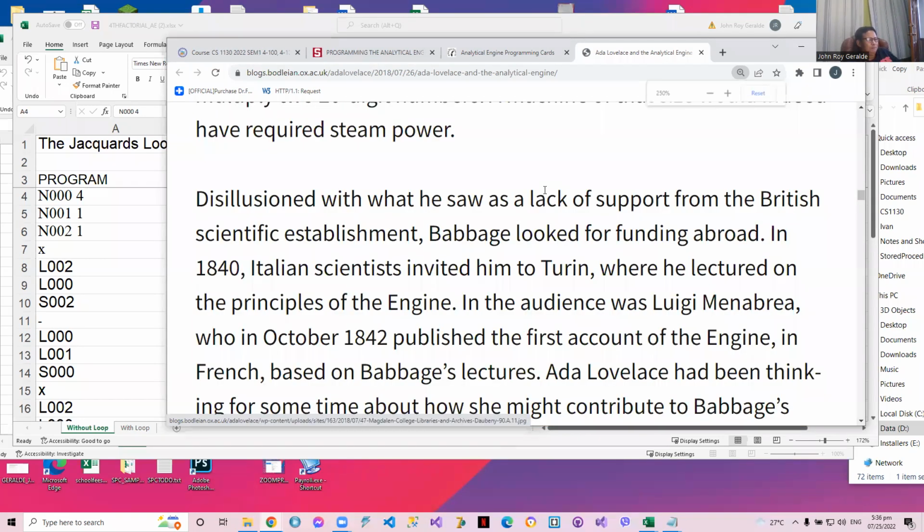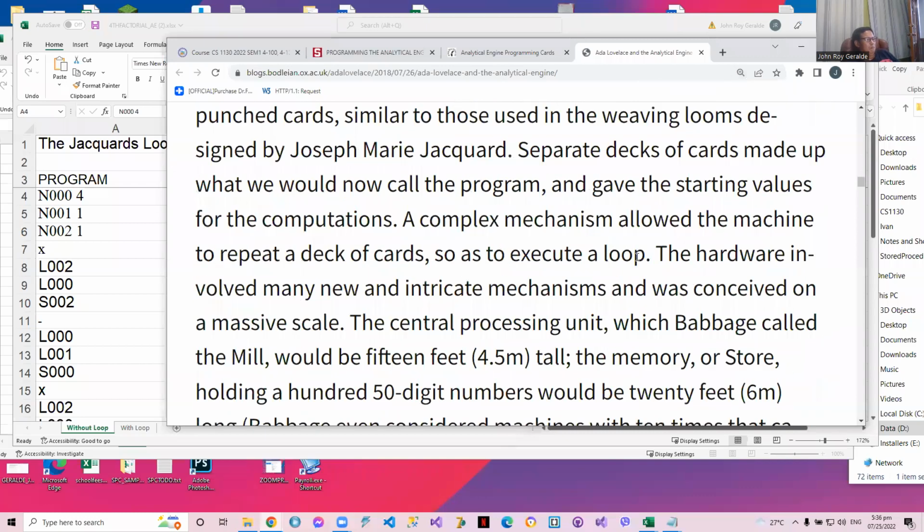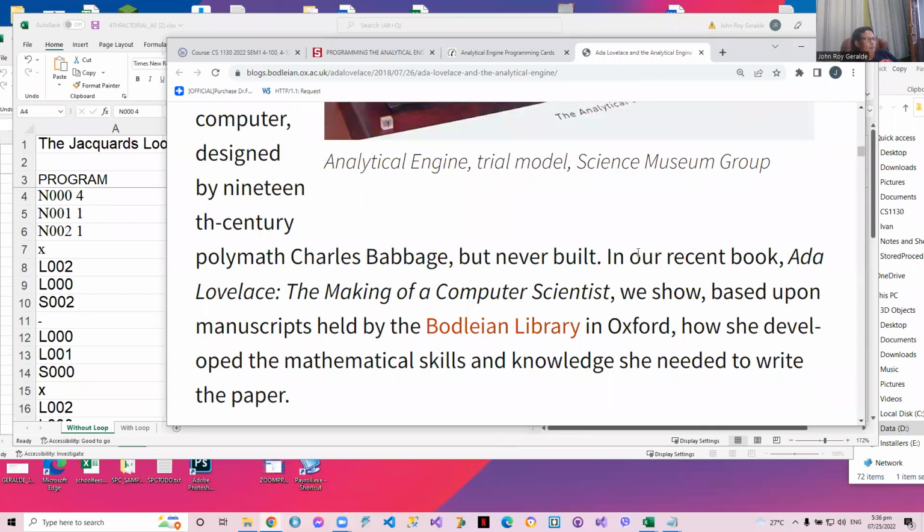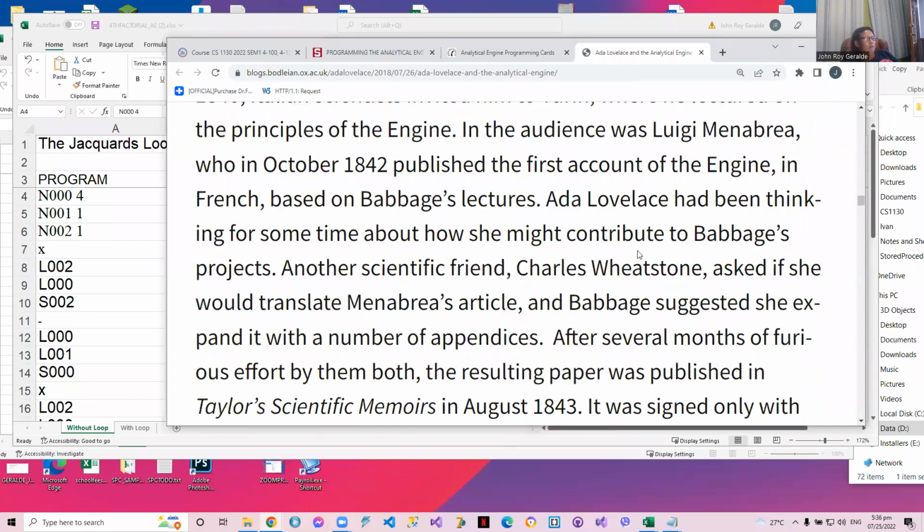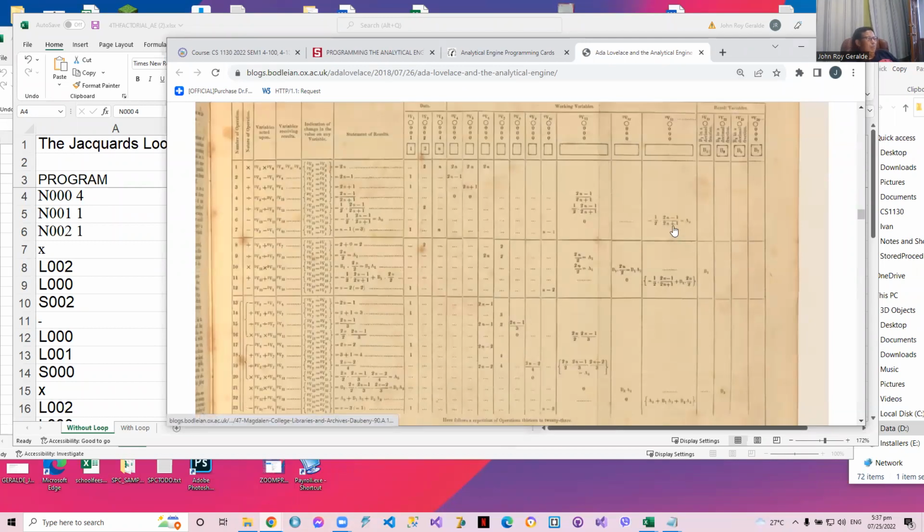Can we enlarge this? This is the program written by Ada Lovelace. Here are the operations and then the variables used. What is used is IV2 and IV3. Actually, V means variable. Okay, this is IV2, IV3, IV1, IV2, IV3.